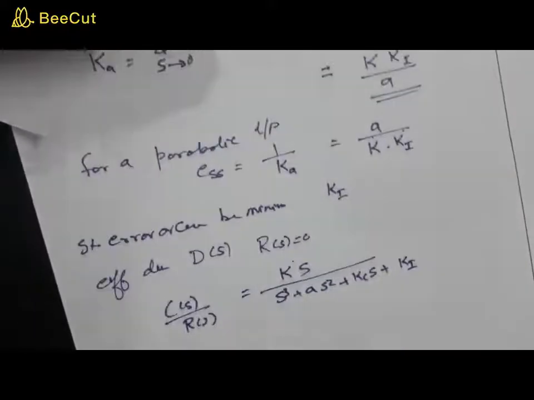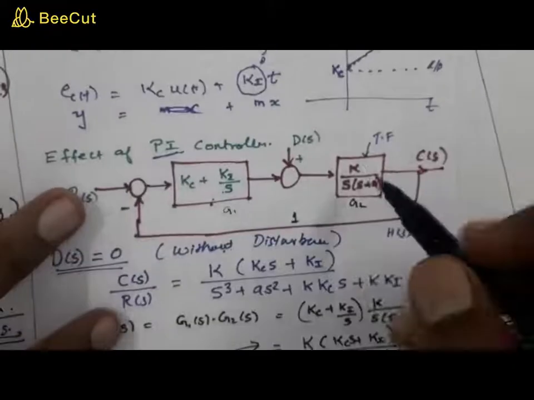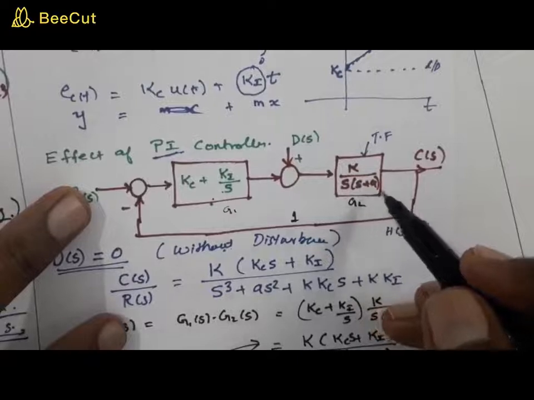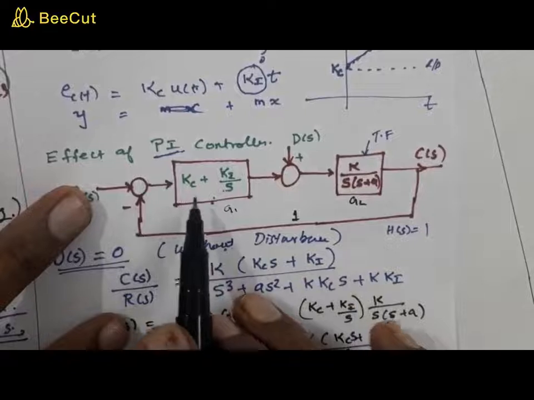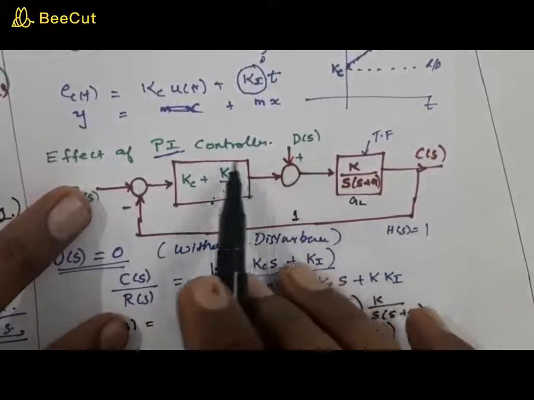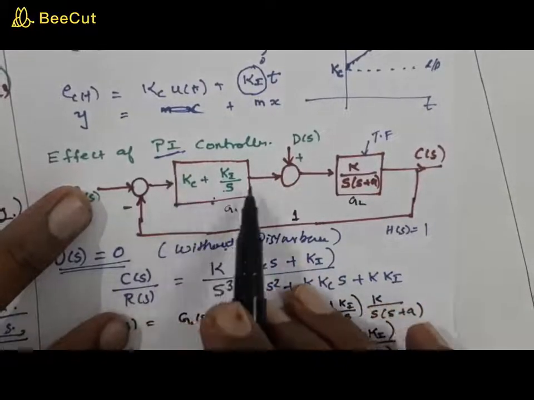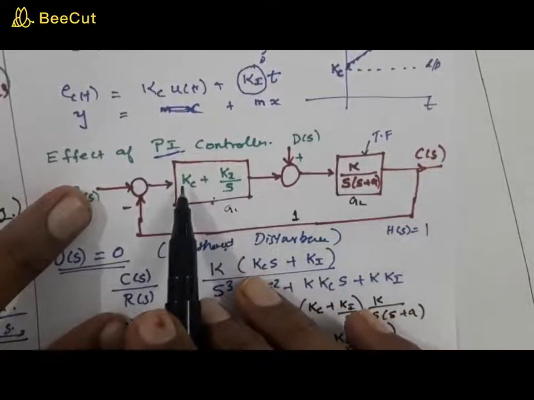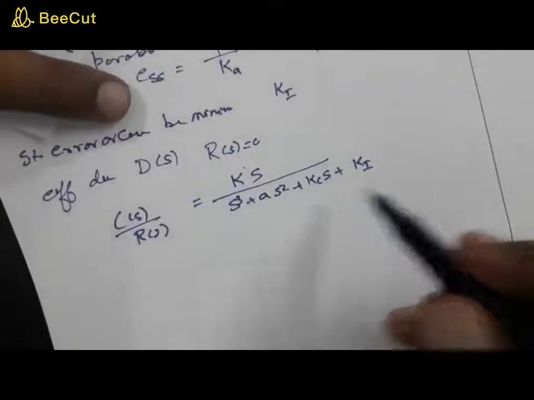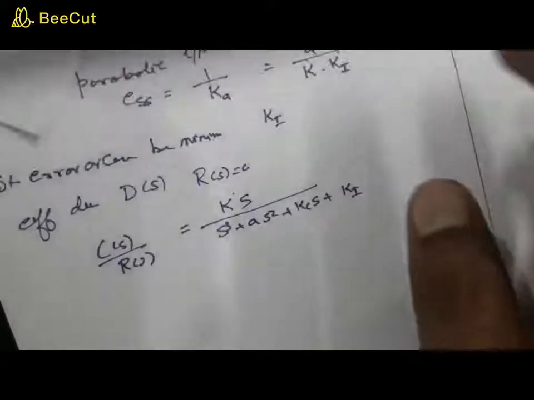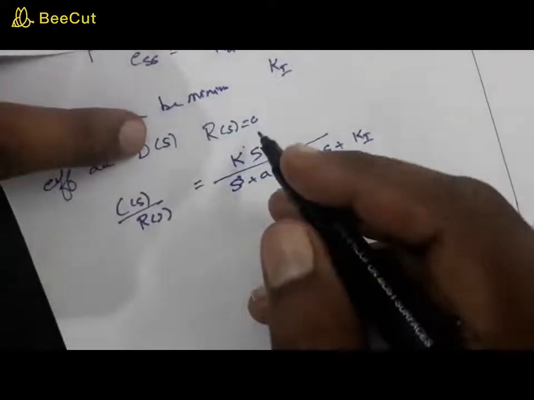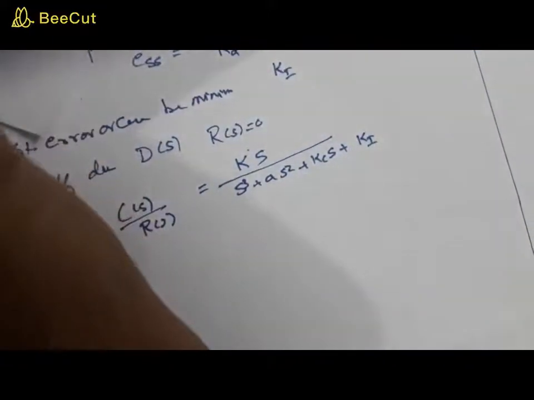You may just do it by yourself. That is considering your G(s) to be K by s(s+a). Your H(s) is no longer equal to 1 because you are considering the disturbance, so this becomes part of the feedback. So your H(s) becomes Kc plus Ki by s. Using that, when you use the canonical equation, you will arrive at this expression. So this is the transfer function when you consider the disturbance.